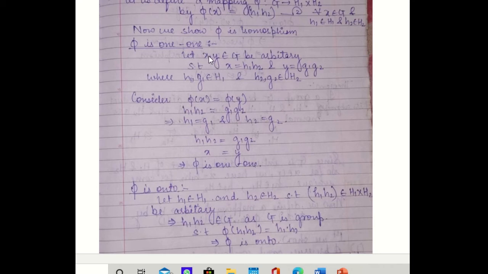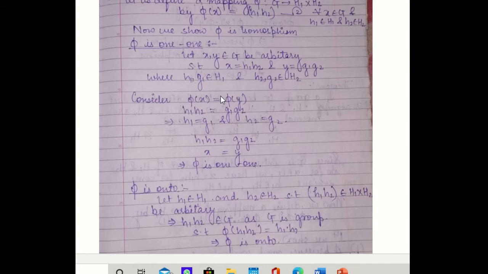So for that, let x and y be two arbitrary elements of G, such that x is equal to h1 h2 and y is equal to g1 g2. Now h1 and g1 belong to H1 implies h1 g1 belongs to H1, and h2 and g2 belong to H2 implies h2 g2 belongs to H2. Now we consider phi x equal to phi y. The images will be equal.